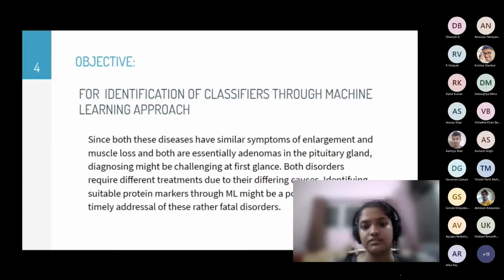But definitely, because both of them have different causes, the treatments should be different. So identifying suitable protein markers through machine learning might help us in the timely addressing of these fatal disorders.